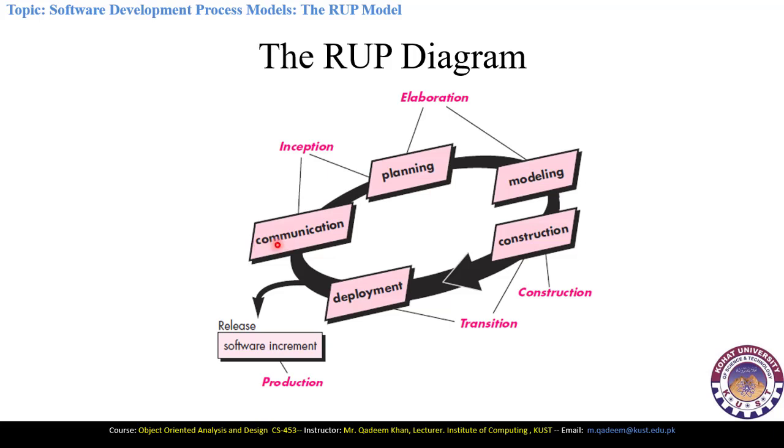For example, the customer is also one of the stakeholders. Similarly, the business analyst is another stakeholder. Similarly, designers, developers, testers and the project manager are also stakeholders here. So these stakeholders are actively involved in the communication system so that they can transfer information between each other.